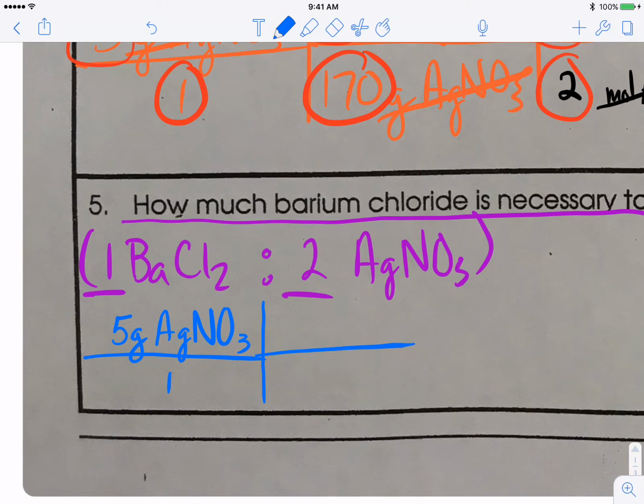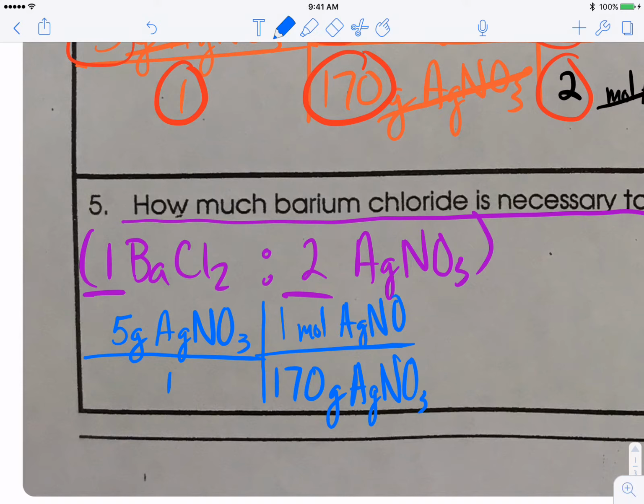We then compare that to the molar mass. So it's 170 grams of silver nitrate for every 1 mole of silver nitrate. We then can cancel out this.